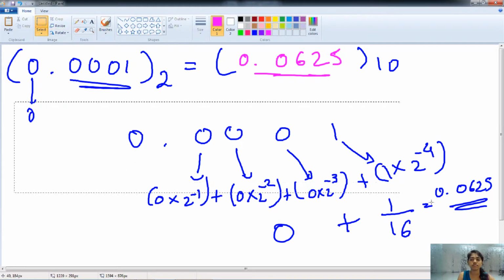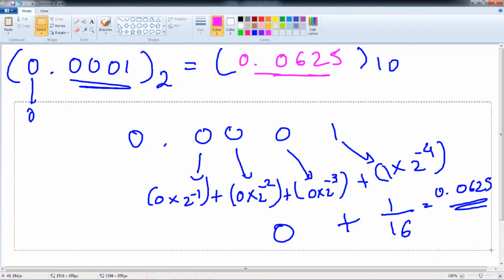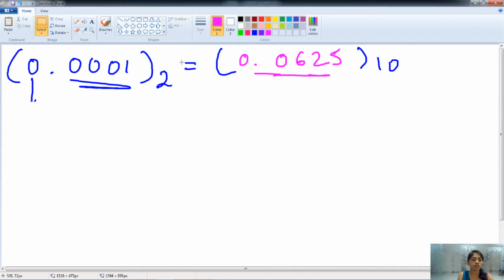Now we can check our answer by converting this decimal fraction back into binary. Let's check if we got our answer correct or not. So we'll write it here: 0.0625, and we will multiply with 2 until we get a perfect one, not less than 1 and not more than 1.